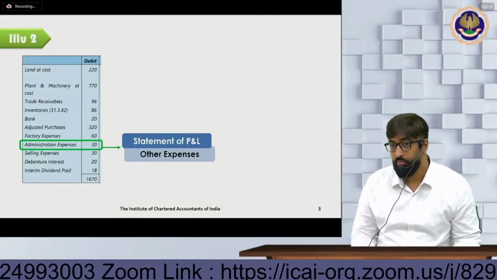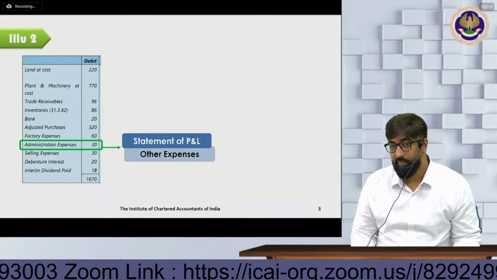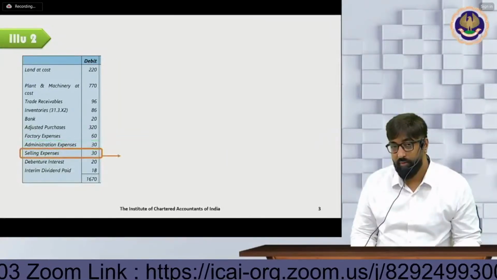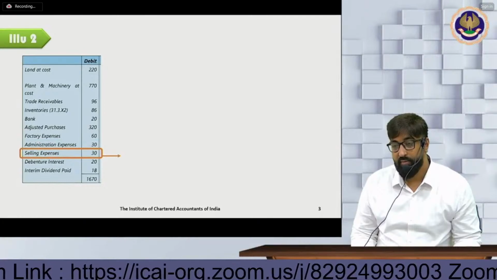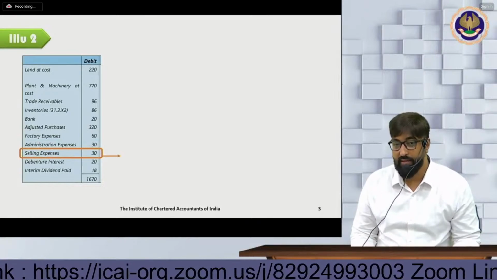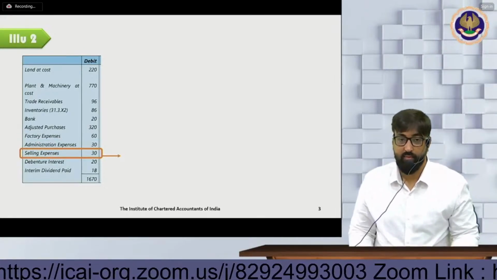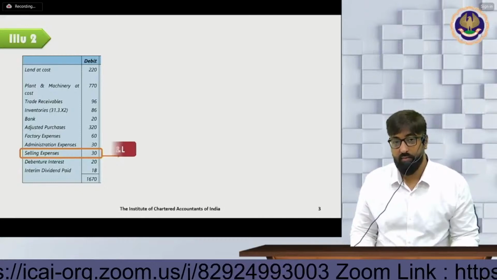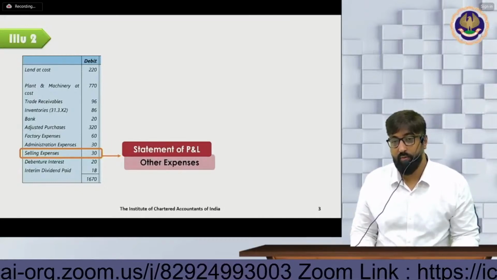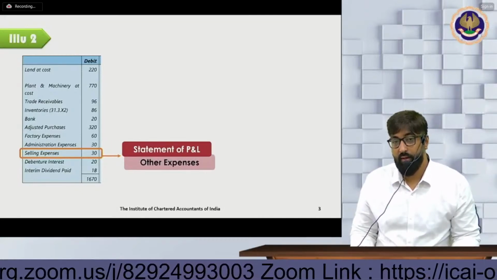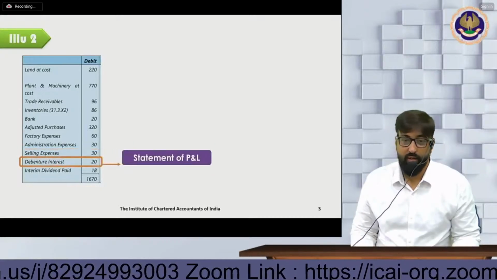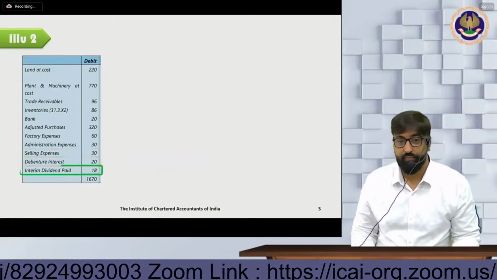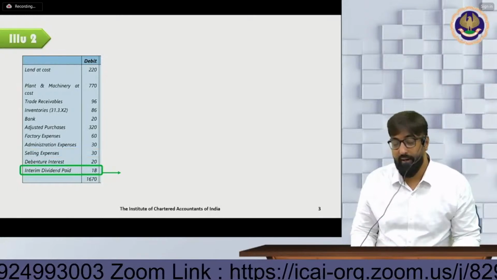How? You solved the questions, so you wrote them. Where did you see the lecture? ICAI. Okay. Selling expense. Same, other expense. Very good. Debentures interest, finance cost. Very good. Interim dividend paid, IMP.